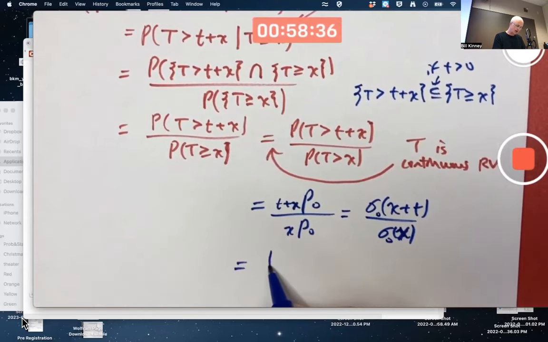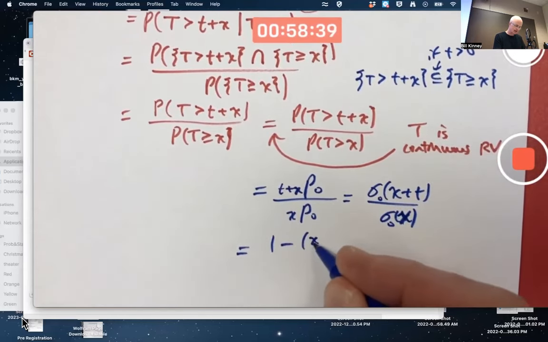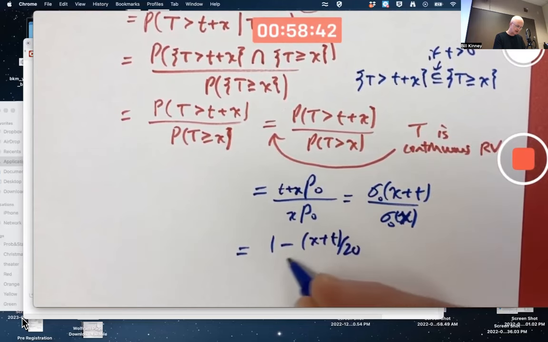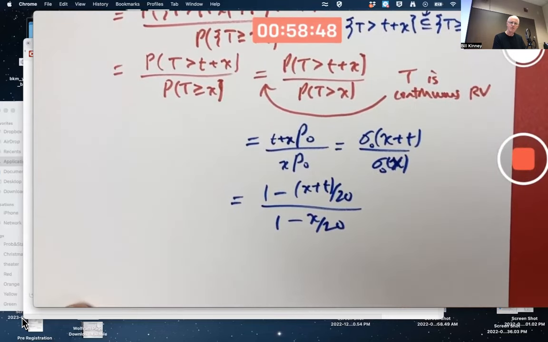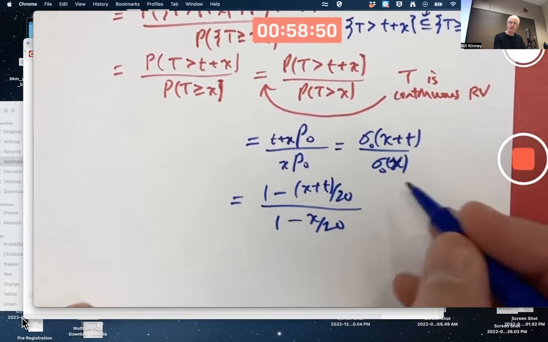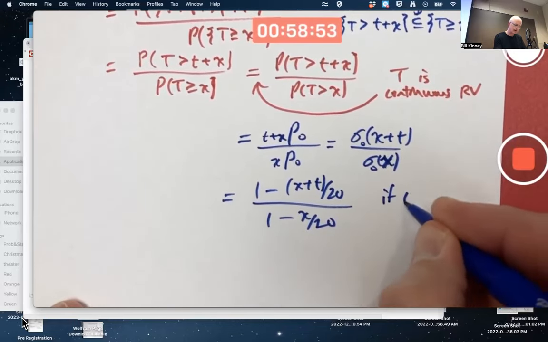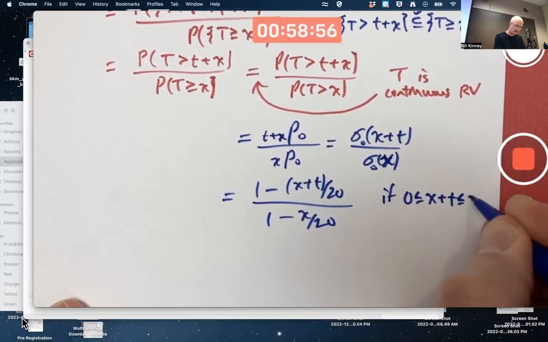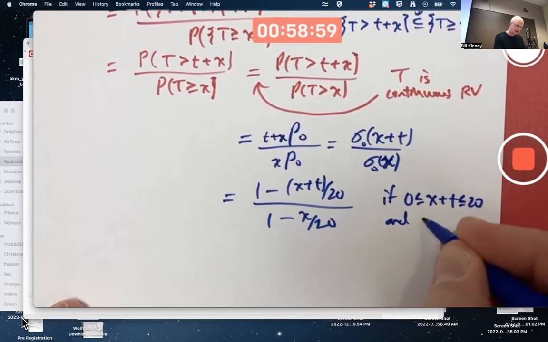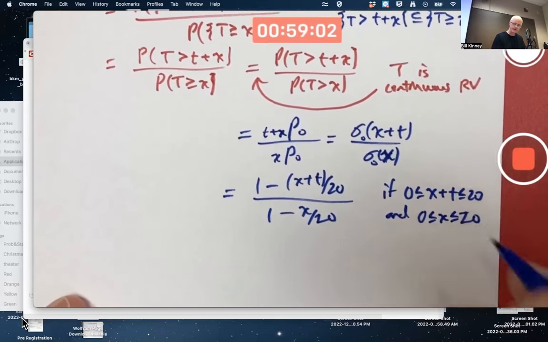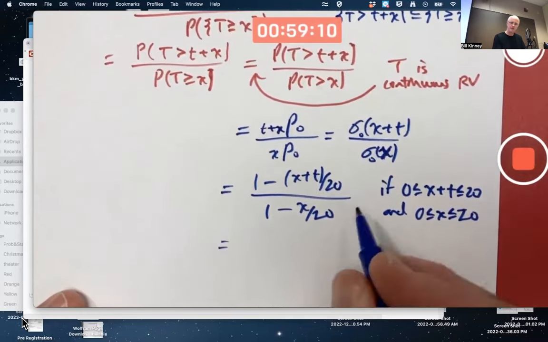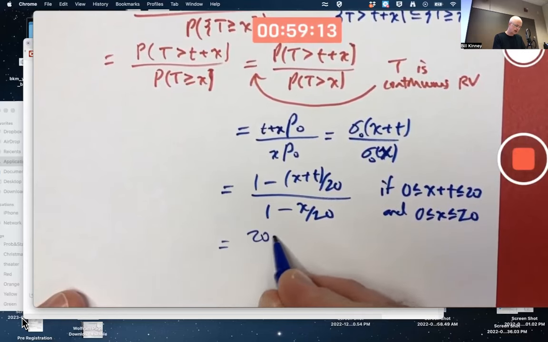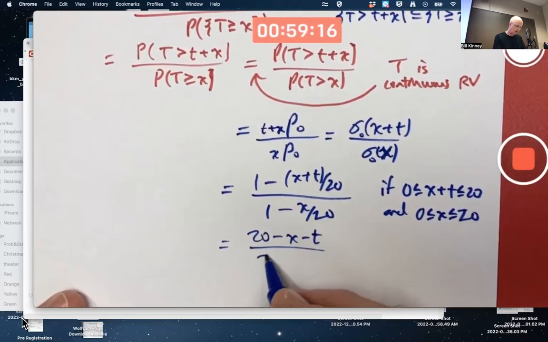So I guess this would be 1 minus x plus t over 20, divided by 1 minus x over 20, as long as those inputs are between 0 and 20. For our uniform example, this can be simplified by multiplying the top and the bottom by 20, to 20 minus x minus t over 20 minus x.